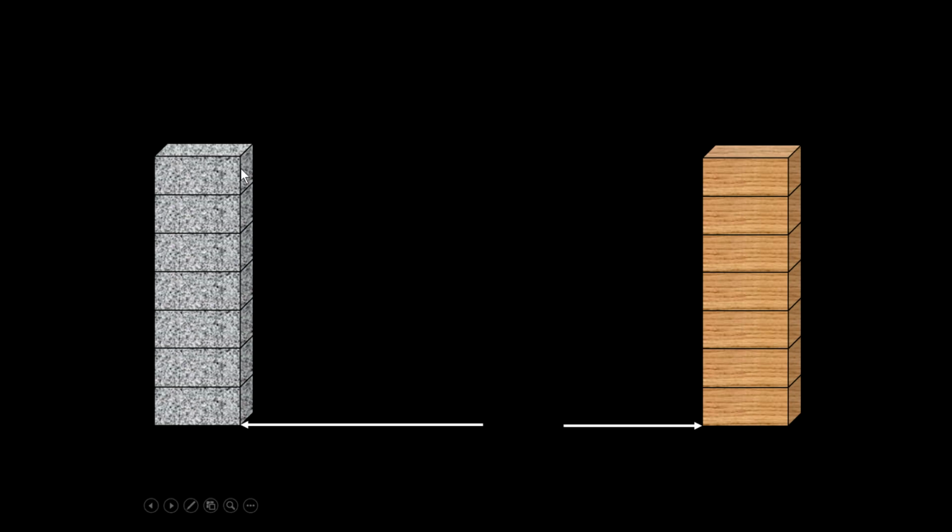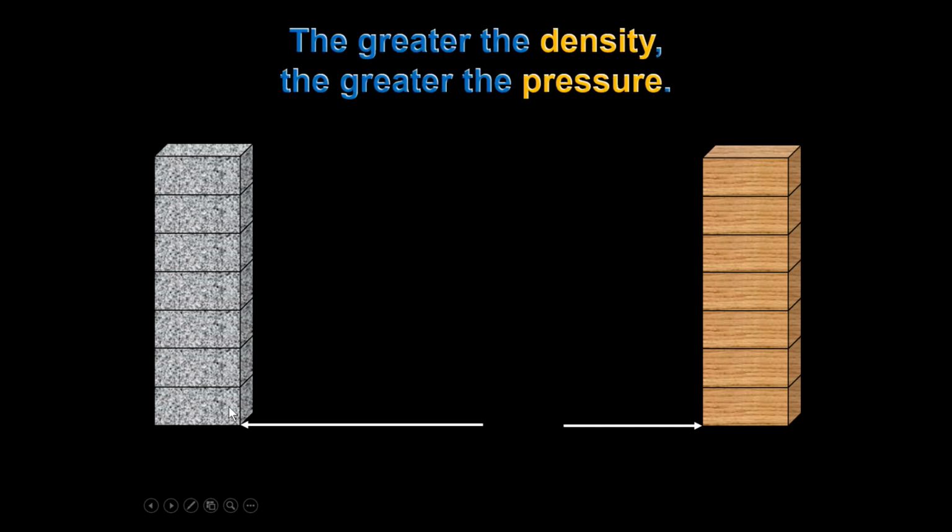Now, let's say we have these bricks that are made out of granite, and these bricks are made out of wood. Everything else being the same, another variable that affects the pressure is the density. If this has the same volume as that, the more dense the material is, the more it's going to weigh. It's going to have more mass too.